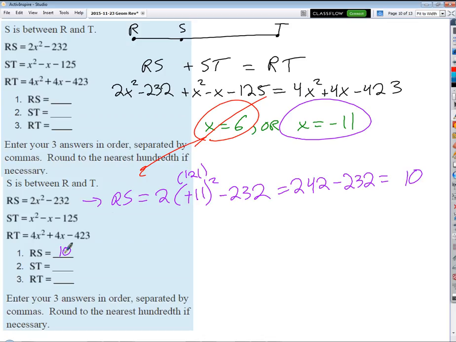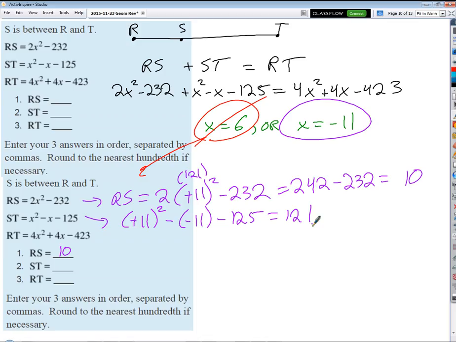Right? What about ST? What do we get there? Well, that's going to give us negative 11 squared, make it positive, minus negative 11. Now that one I can't just change, right, because it's not being squared. Minus 125. Well, 11 squared, you already told me, is 121.